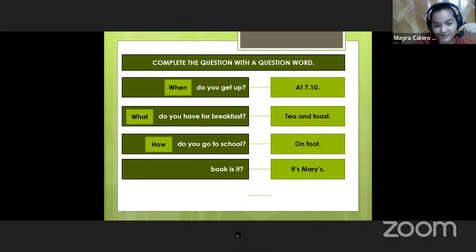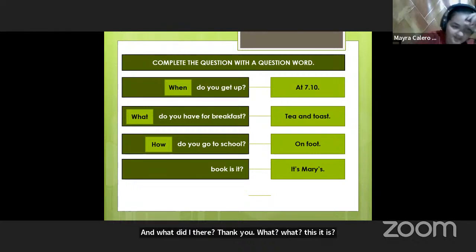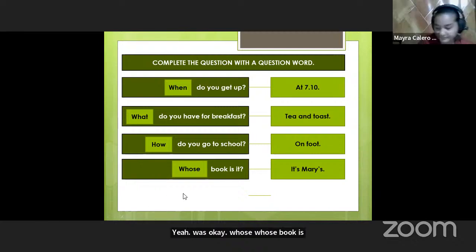What bus it is? No, la respuesta aquí dice que es de María. Ah, ya. Whose. Okay. Whose book is this? Excellent. Okay.